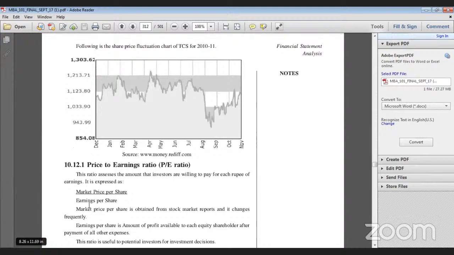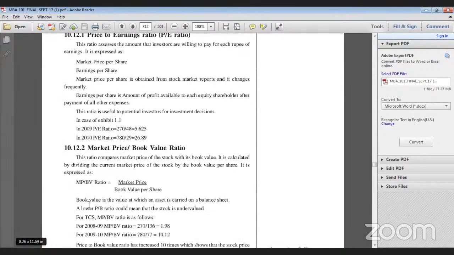So they have basically given various ratios in your textbook.